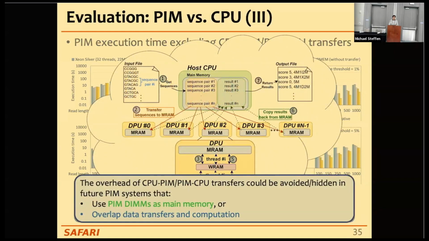The overhead of these CPU-PIM and PIM-CPU transfers could be avoided or hidden in future PIM systems, either, as I said, using PIM DIMMs as main memory, or also overlapping data transfers and computation, which is not possible in the current UPMEM-based PIM system because the DRAM banks, the MRAM banks, are accessible to either the host processor or the PIM cores.